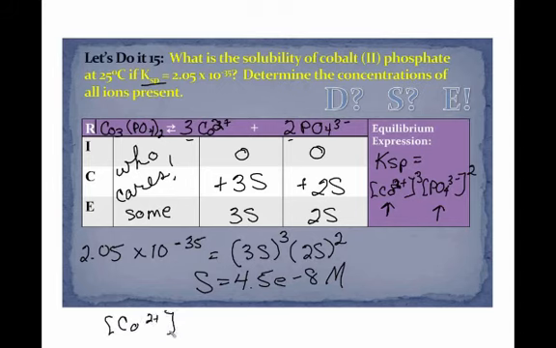Now to find my concentration of cobalt ion, all I have to do is take 3 times that S. And I'm not going to do that because I don't have those values right here. I didn't calculate them before I started this, and the phosphate is just going to be 2 times whatever that solubility is. So that's how you would finish that problem.